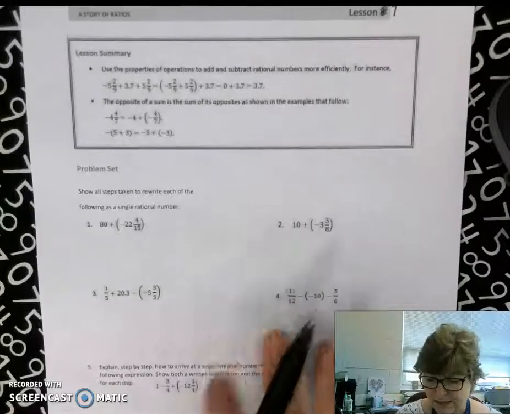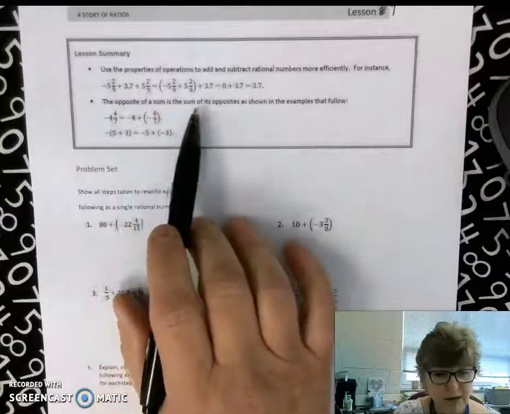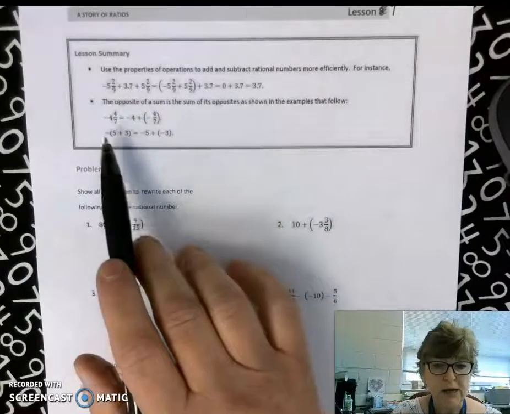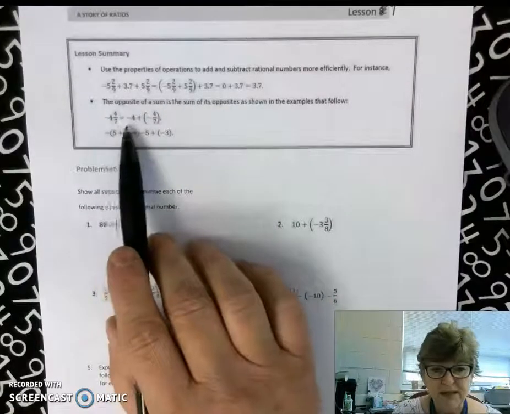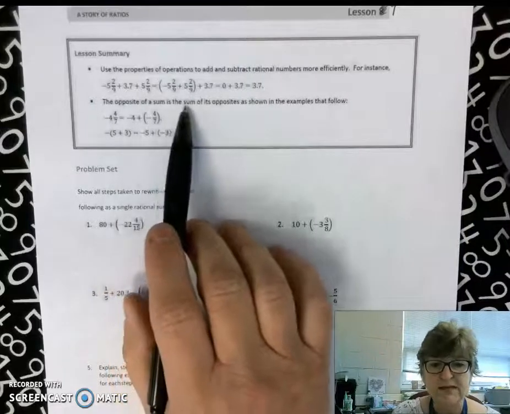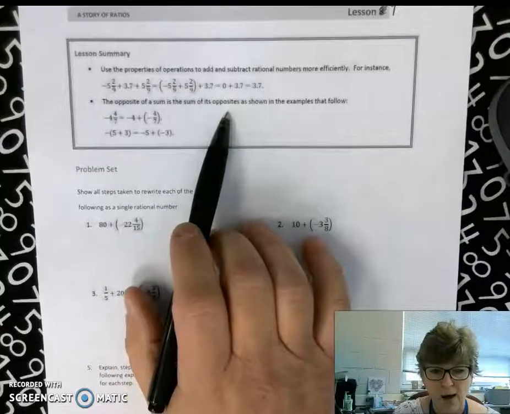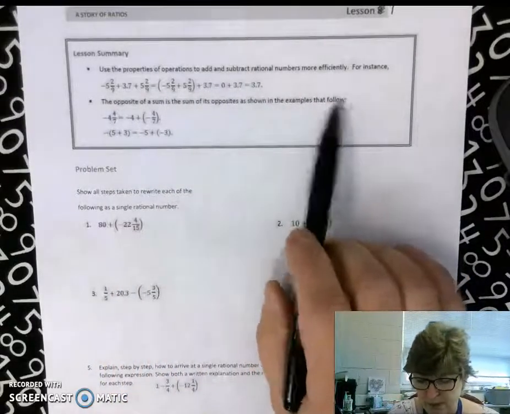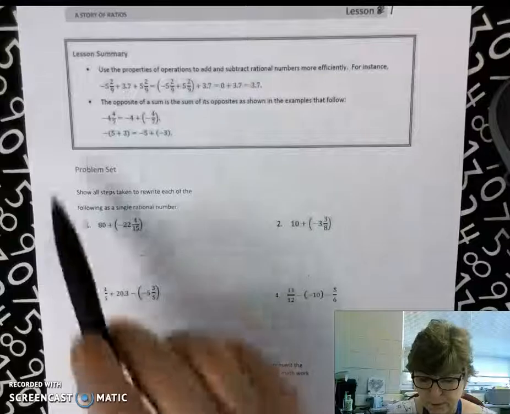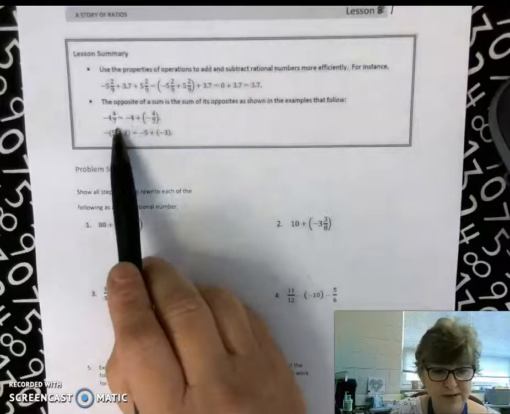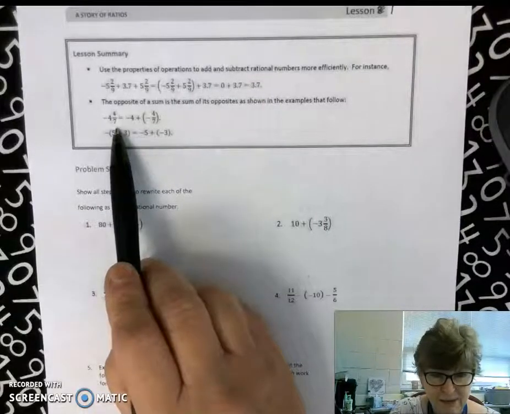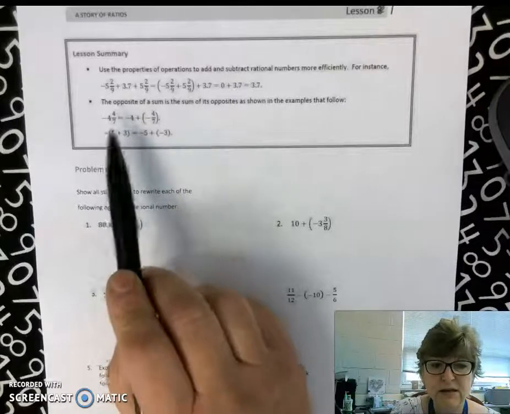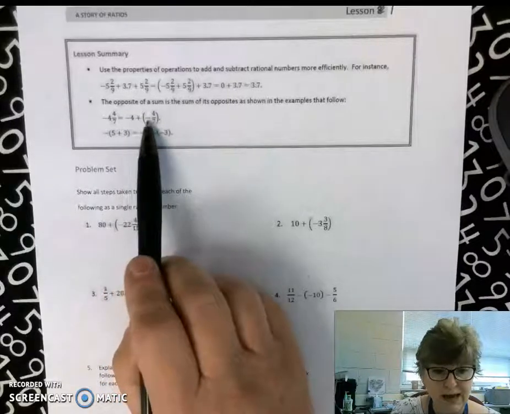Also, this is a funny statement and it seems very complex with words. The opposite of a sum is the sum of its opposites, okay, as shown in the examples that follow. So, -4 and 4/7 is the same thing as -4 plus -4/7.